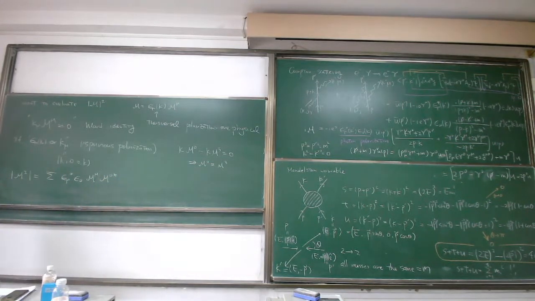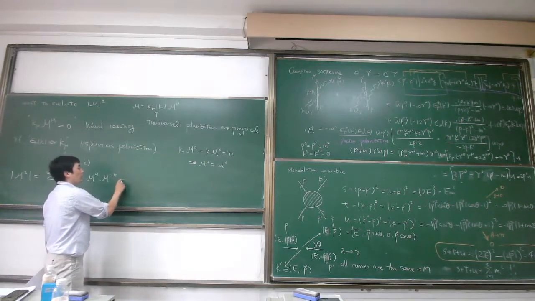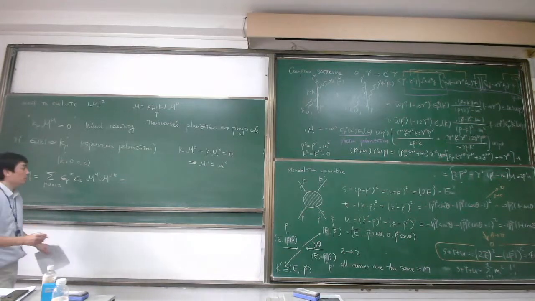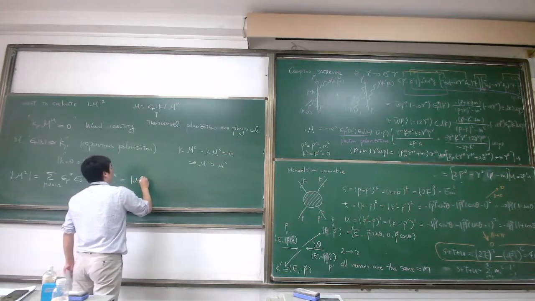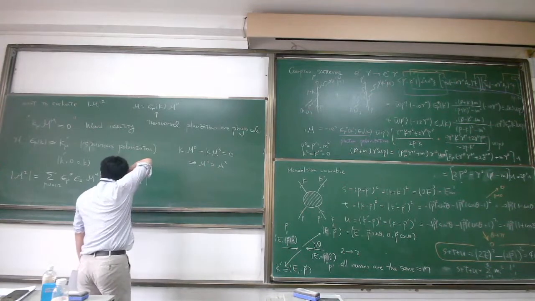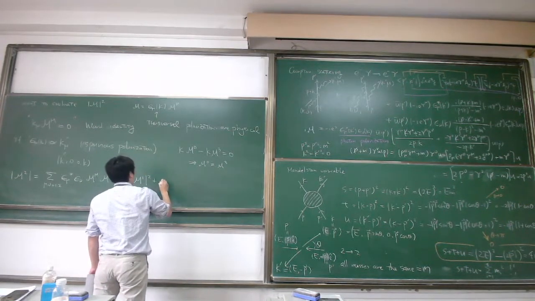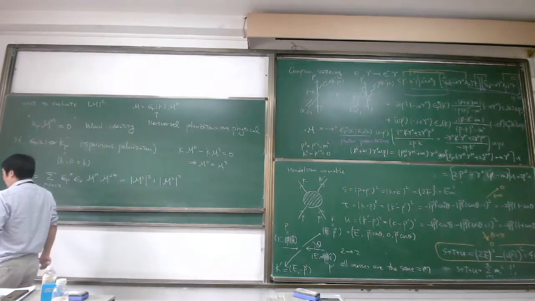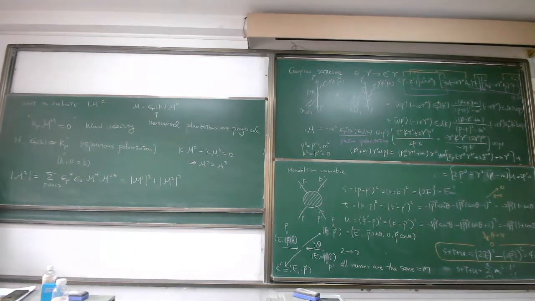If you only sum over transversal ones, mu and nu should be 1 or 2. Then what you get is that this is equal to M1 square plus M2 square. But even so, this is the case.